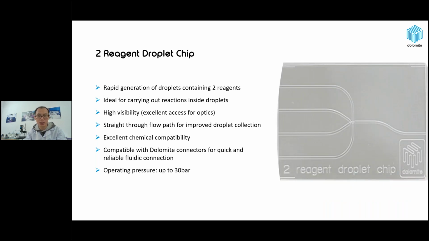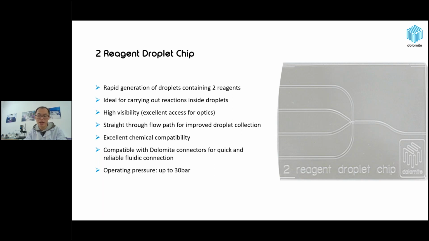Another type of microfluidic chip we have is the two reagent droplet chip. The two reagent droplet chip is designed for generating droplets containing two reagents.